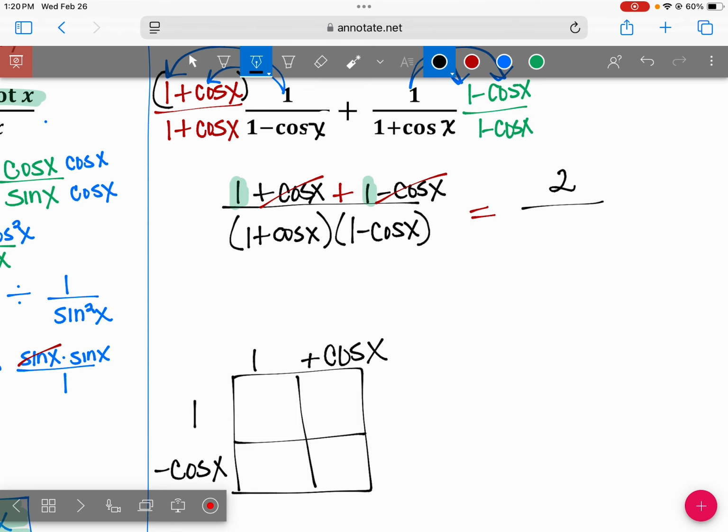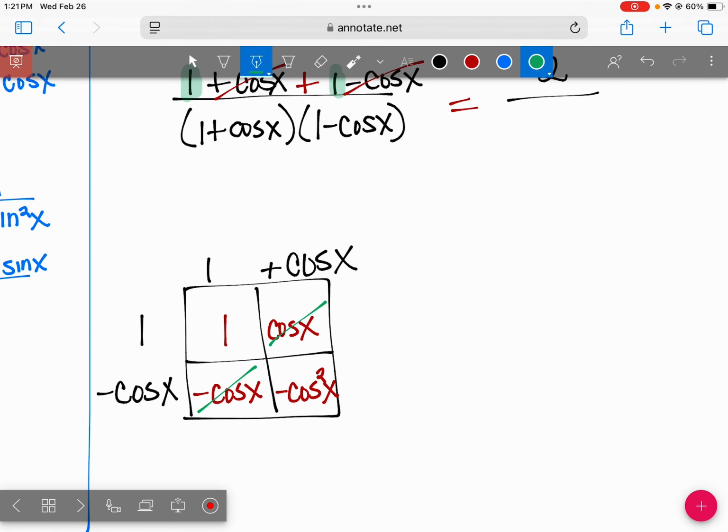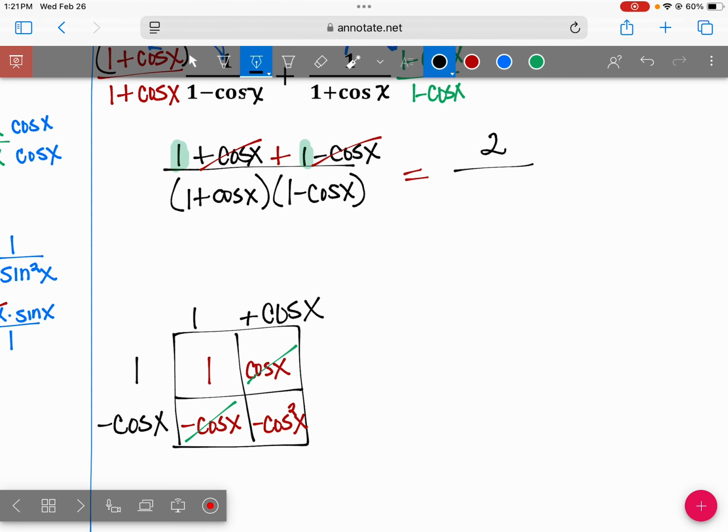When I fill in my boxes, I have 1 times 1, which is 1. 1 times cosine is just cosine. 1 times negative cosine is negative cosine. Negative cosine times positive cosine is negative cosine squared. So this is going to cancel. My denominator left is 1 minus cosine squared.